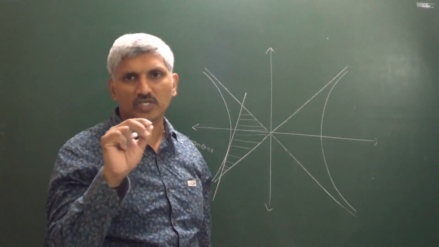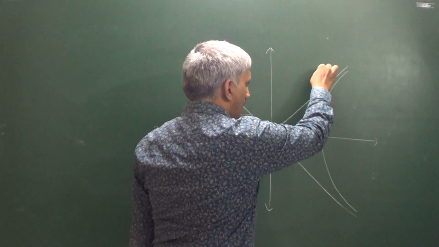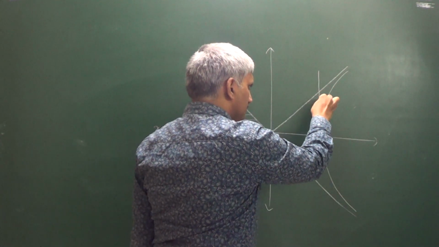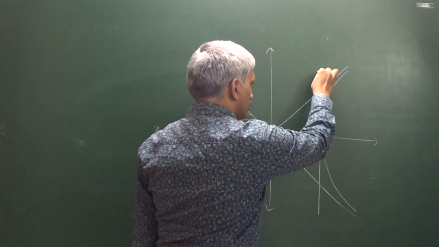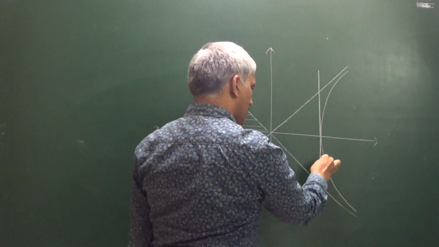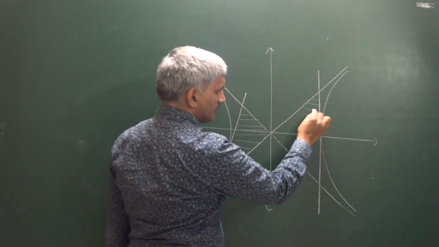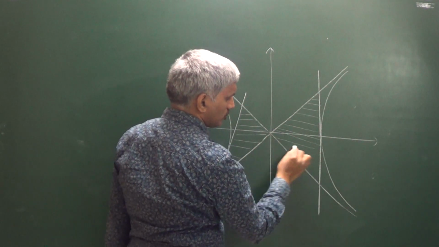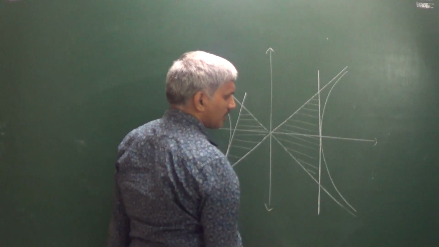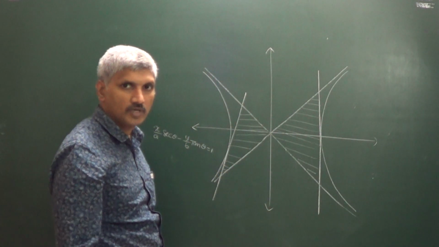But I am discussing a special case. So now I am drawing the tangent at the vertex. This is the tangent drawn at the vertex, right? Now we are getting the triangle or not? So the asymptotes and the tangent form a triangle.